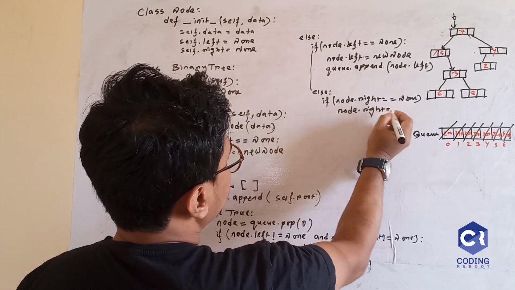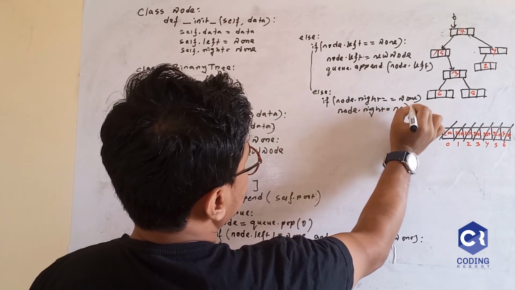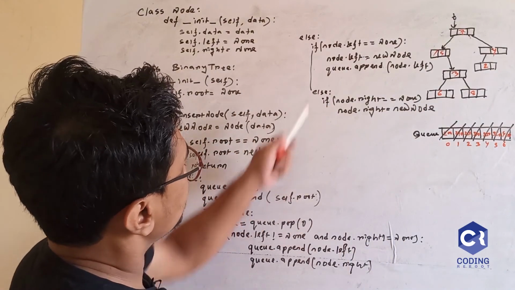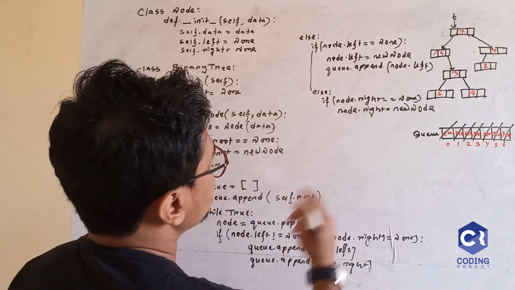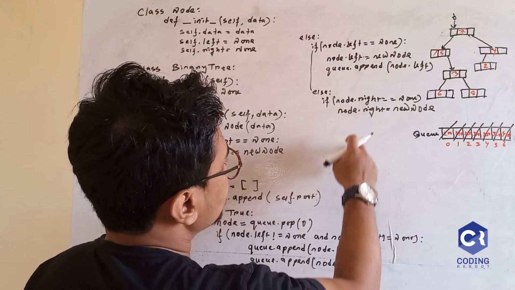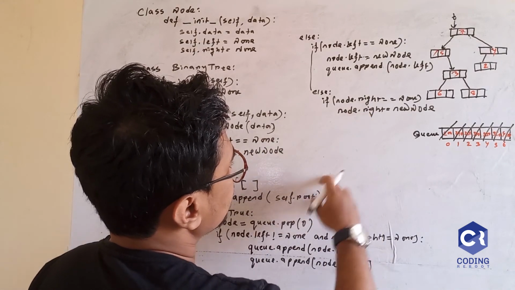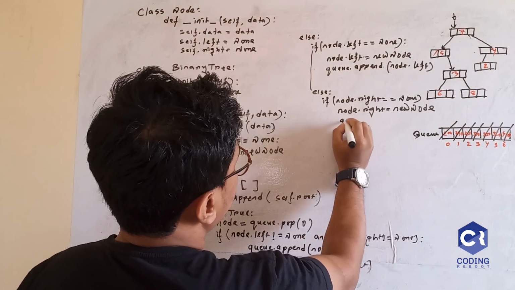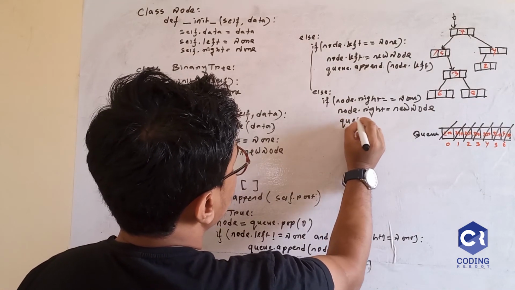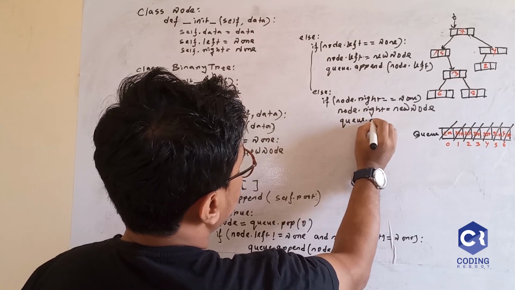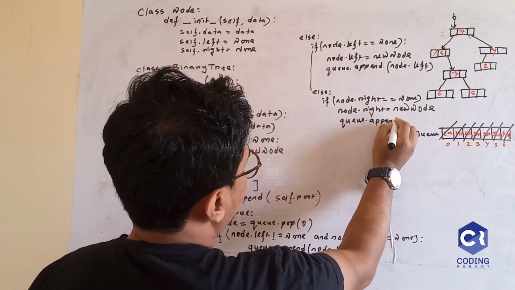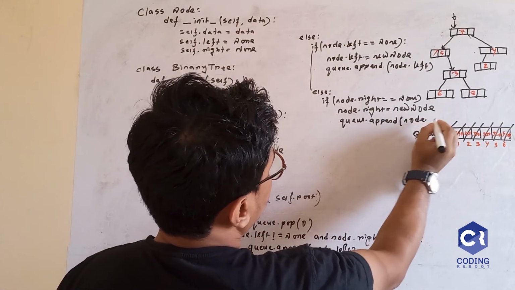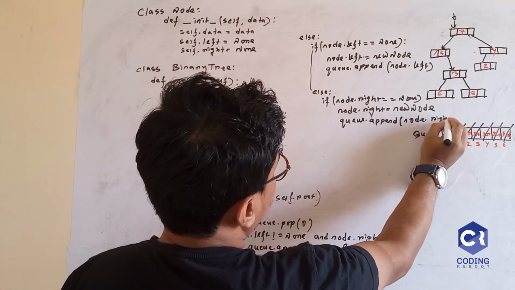Node.right is equal to new node, and again the same procedure, same step, we are going to insert the address of this right child into our q data structure by writing this line of code: q.append, what we're going to append, node.right.